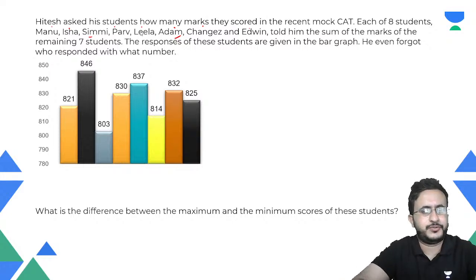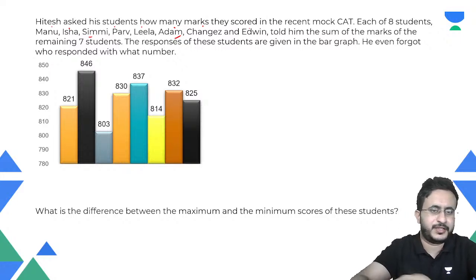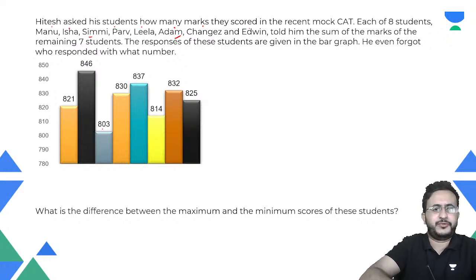So what will be the answer to this question? 43. Easy to guess, and it is correct also. The answer is actually 43 only.